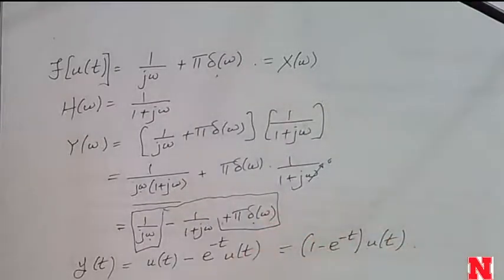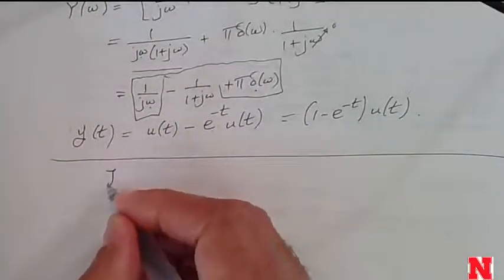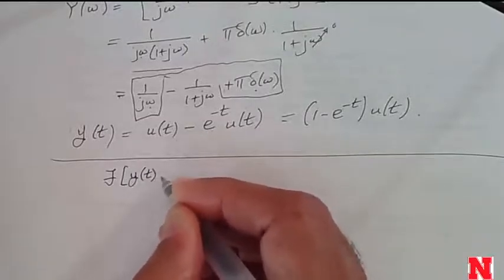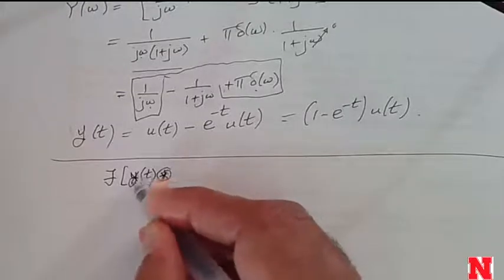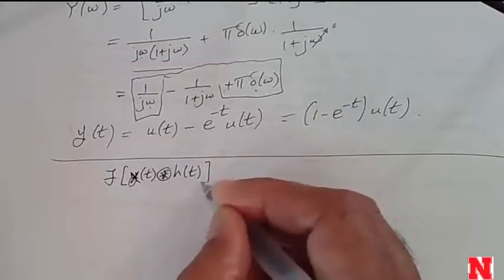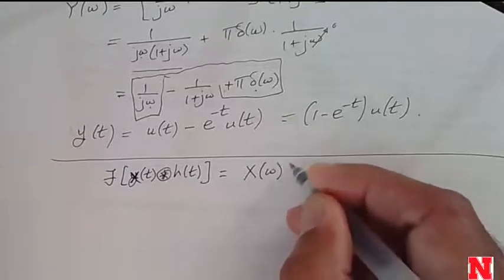Okay, so what have we done? First, we have said that the Fourier transform of a convolution in the time domain, x of t convolved with h of t, is equal to the multiplication in the Fourier domain.